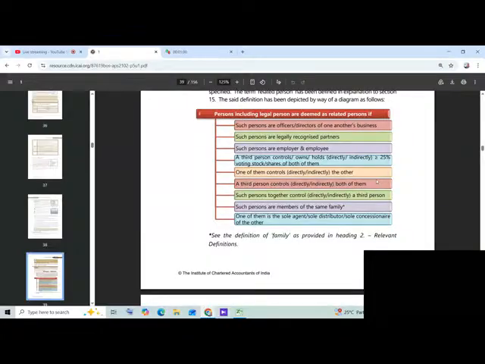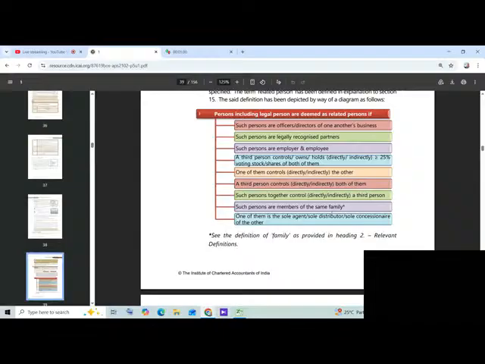Persons, including legal persons, are deemed as related persons if such persons are officers or directors of one another's business, such persons are legally recognized partners, such persons are employer and employee. A third person controls, owns, or holds, directly or indirectly, above 25% voting stock or shares of both of them.